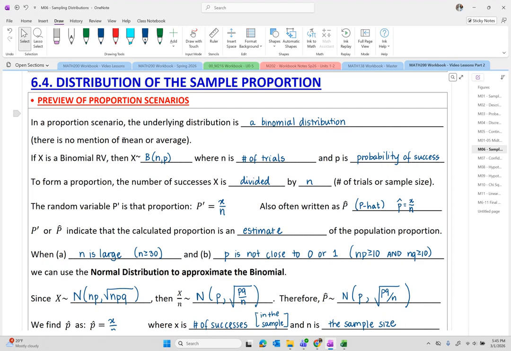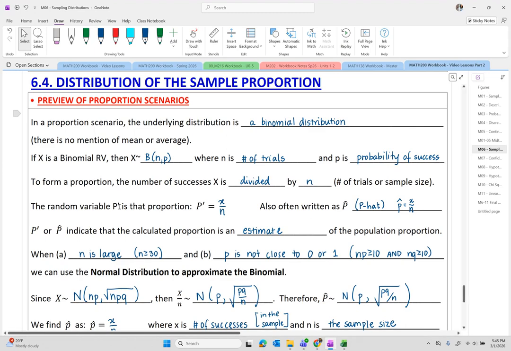So if X is your binomial random variable that follows a binomial distribution with n repetitions and probability of success P, and n will be the number of trials and P the probability of success, to form a proportion, we divide X, the number of successes, by n, which is the number of trials or the sample size. So we use the notation P prime.